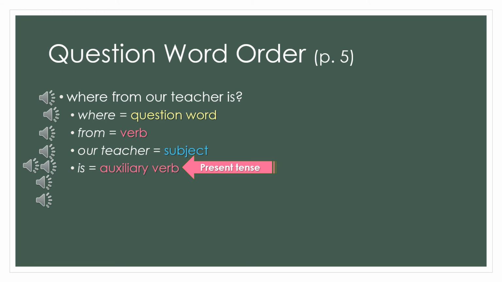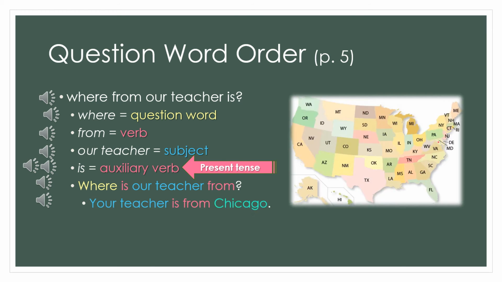Please notice that the auxiliary verb is in the present tense. So the correct order is, where is our teacher from? An answer to this question is, your teacher is from Chicago.